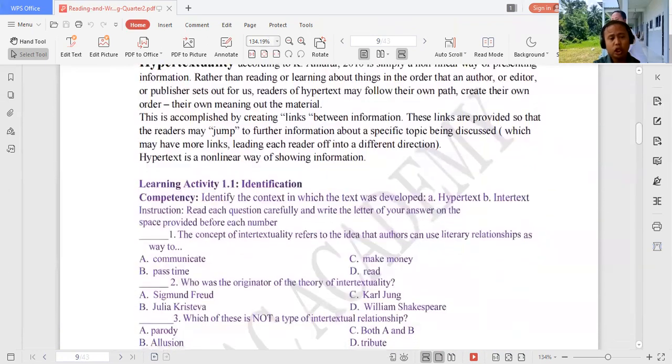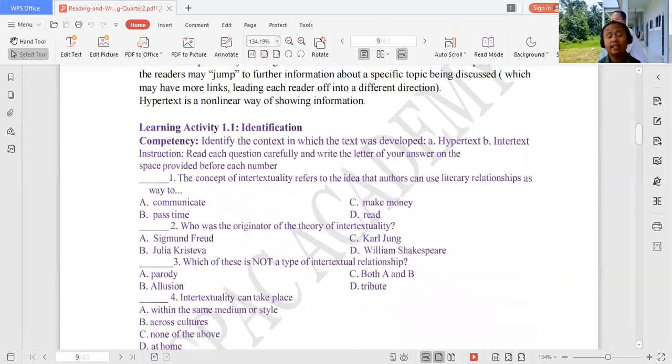Now, in learning activity 1.1, identification: identify the context in which the text was developed, hypertext or intertext. Instruction: read the questions carefully and write the letter of your answer on the space provided for each number. Number one: the concept of intertextuality refers to the idea that authors can use literary relationships as a way to, letter A, communicate, B, pastime, C, make money, or D, read.